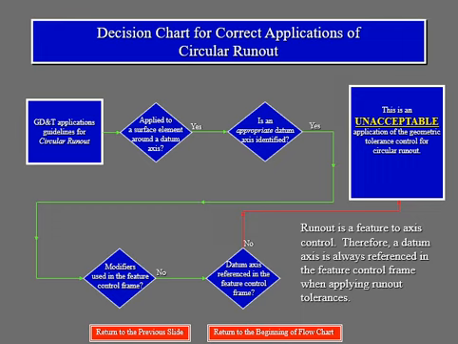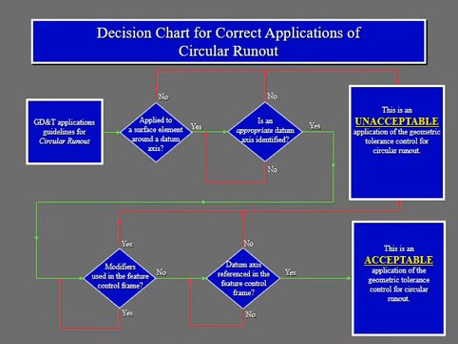If the datum axis is not referenced in the feature control frame, don't accept. Your datum axis is always referenced in the feature control frame when applying a Runout tolerance, because if you don't have it, it's impossible to have a circular Runout tolerance to control this.